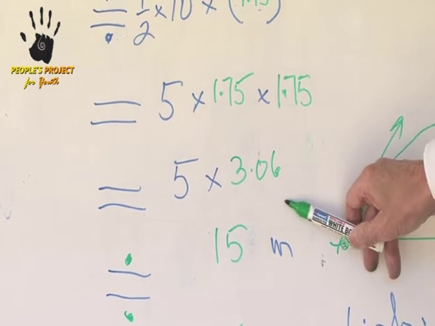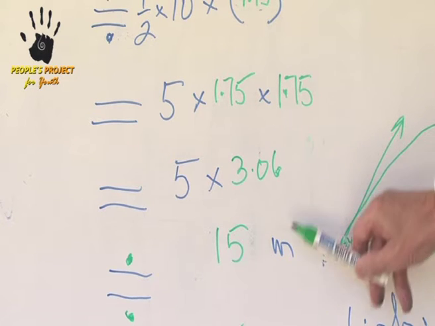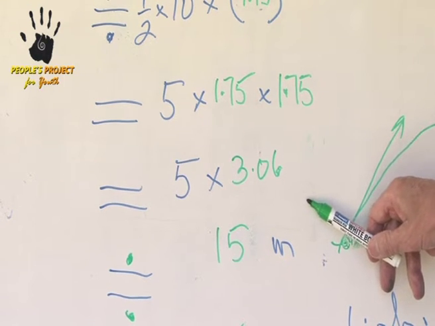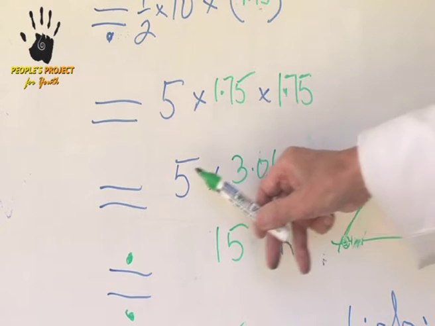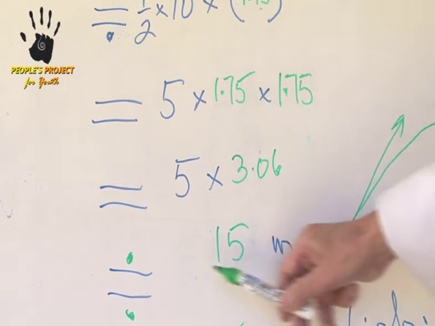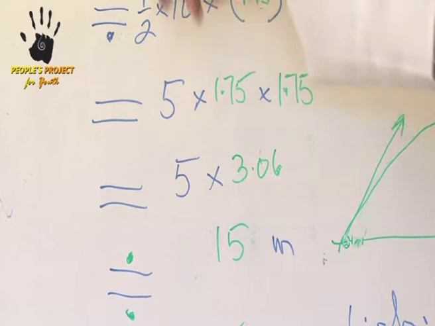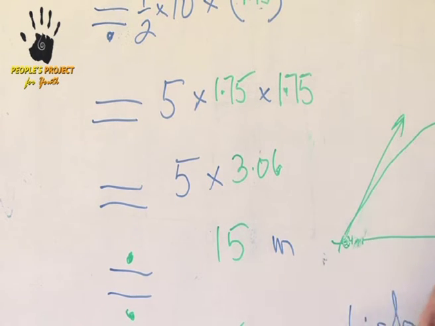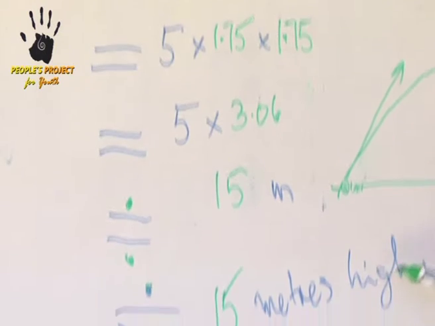Well, we're going to do an approximation again. 3.06 is more or less 3. And so instead of a complicated piece of arithmetic, we can just do 5 times 3, which tells us that S equals 15 meters, approximately 15 meters high.